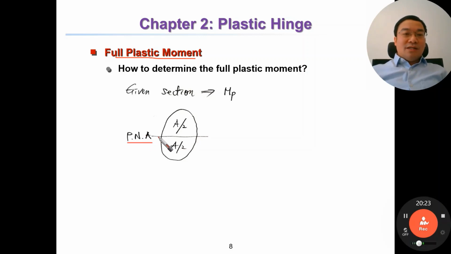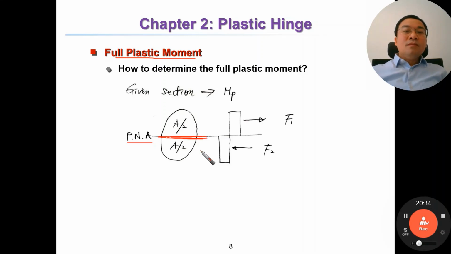Plastic neutral axis is determined by dividing the section into two equal parts. So because of this, we have F1 and F2, and F1 should be equal to F2.